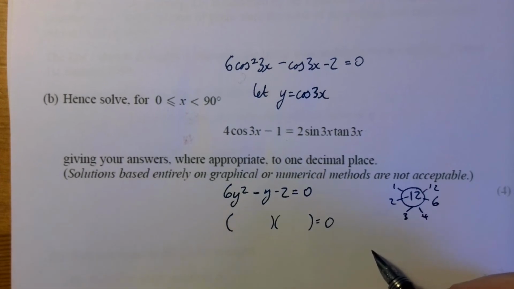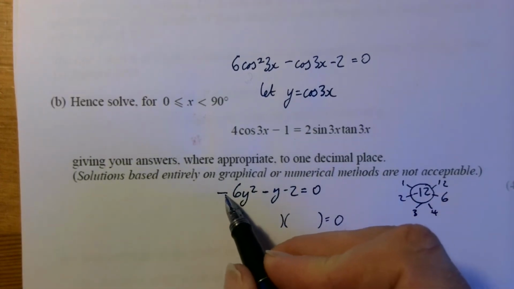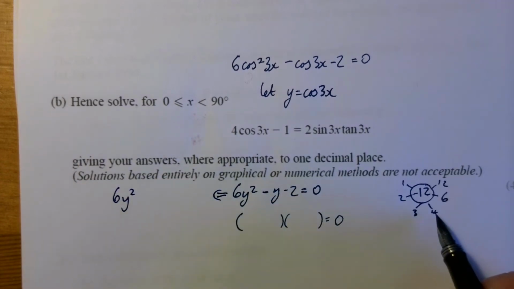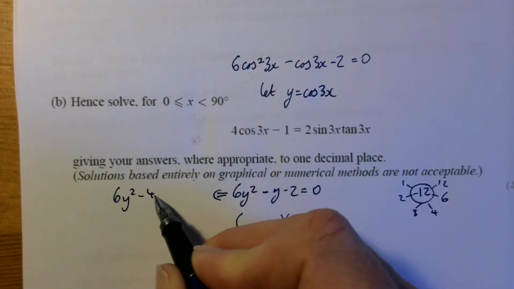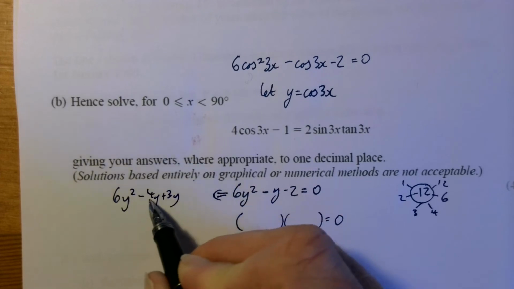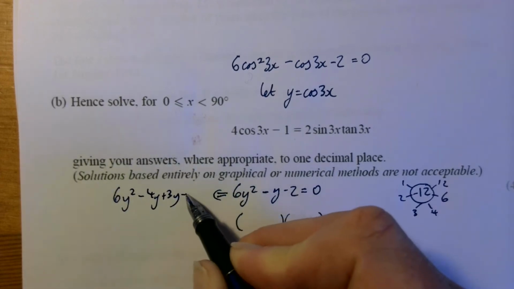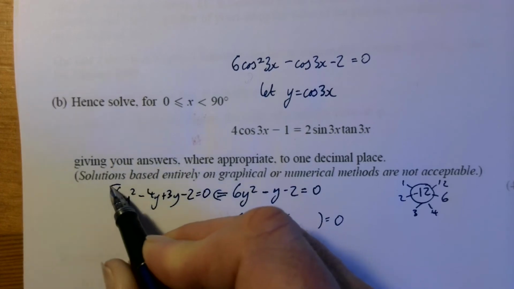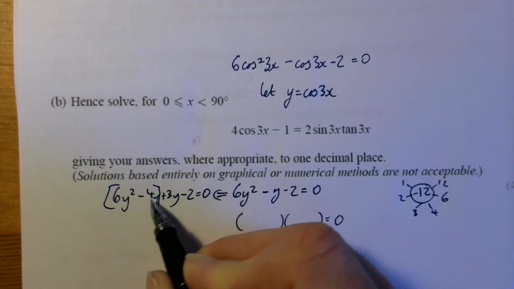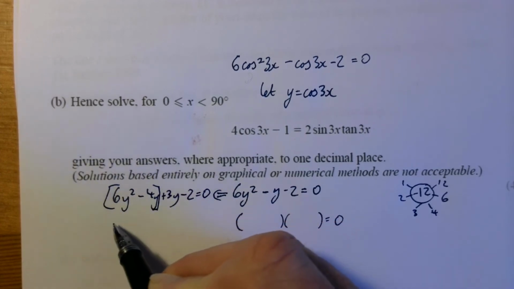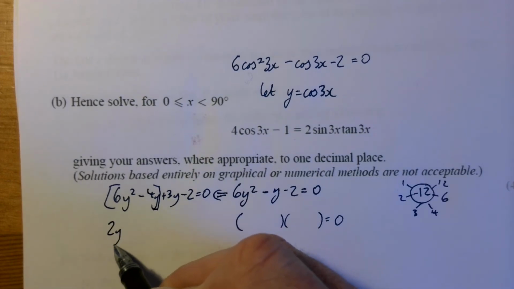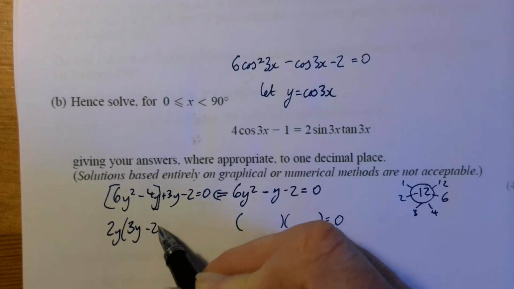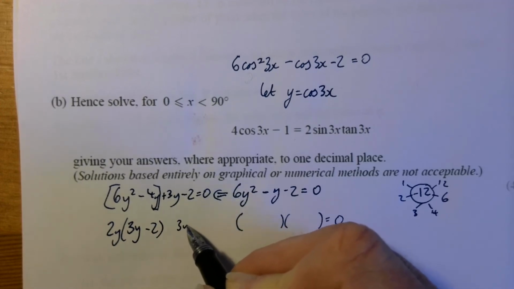So I'm going to say that that is going to go to 6y squared, take 4y plus 3y, that makes the minus 1y there, take 2 equals 0, and then I'm just going to factorise this into two single parts. What goes into both of those is 2y, 3y take 2, and that means that is one of the brackets.